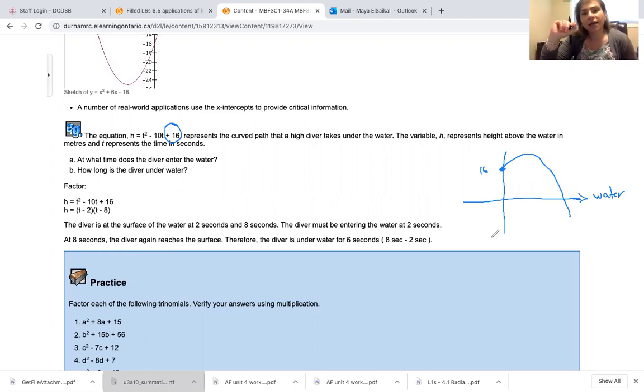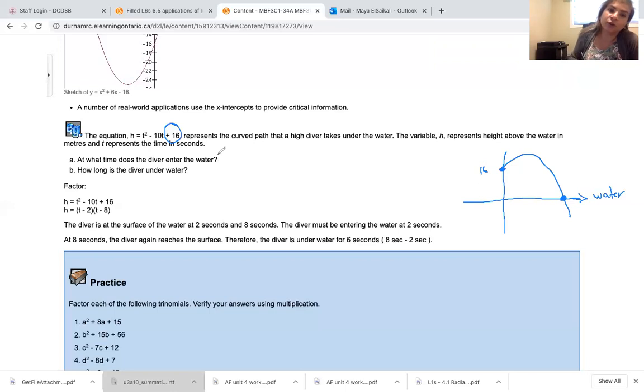Now, the question is asking when, or at what time, does the diver enter the water. So if I'm looking at this, the diver enters the water right here. What do we call that point? We call it the x-intercept, right? So that means I need to know my x-intercepts. Remember that to find the x-intercept, I need to put it in factored form.